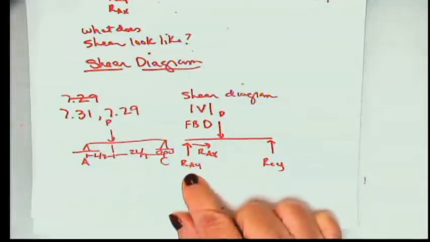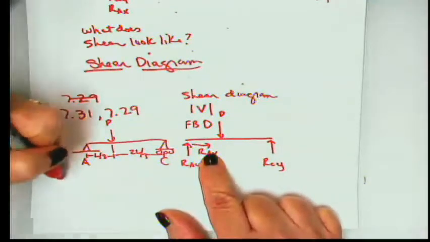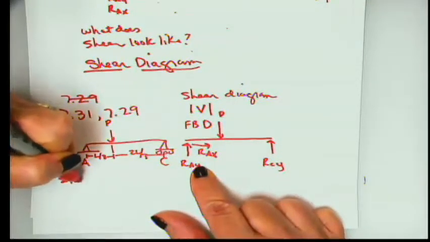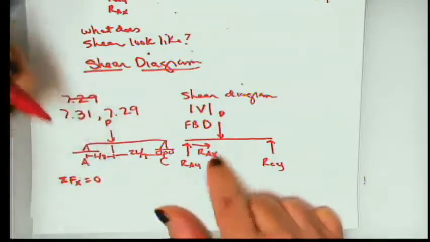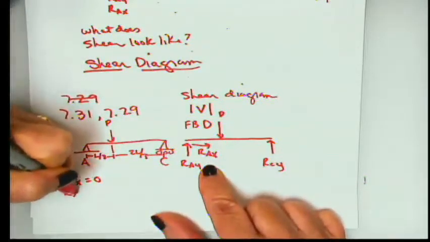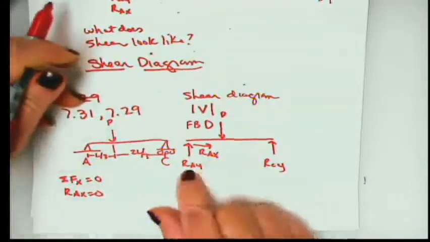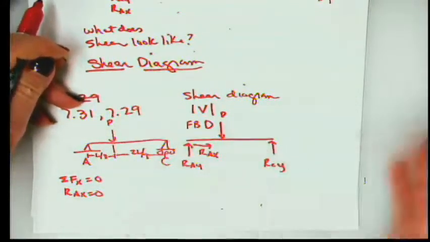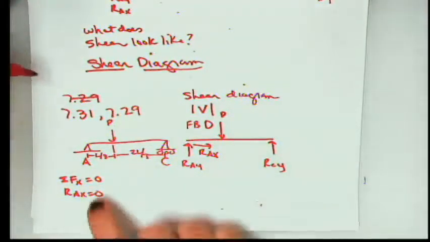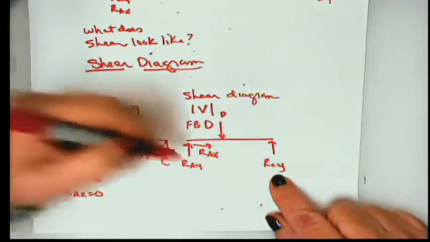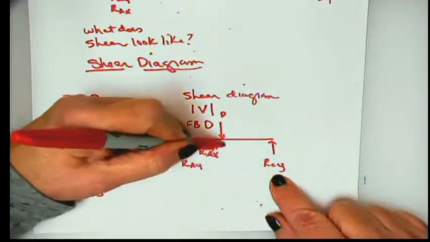All right, now the first thing that you notice is, if we do a summation of forces in the x direction, we know they have to equal 0. That means that RAX has to equal 0. There's nothing to oppose it. There's no applied loads, no reactive loads in the x direction. So this is equal to 0.